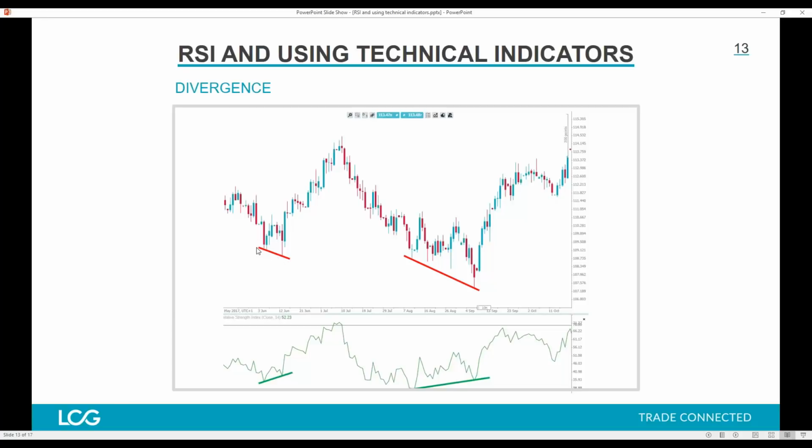If price is making a lower low, as you would expect in a downtrend, maybe the downtrend started up here and we're trending lower, but then the RSI makes a higher high and breaks above its old swing high, matched with perhaps a bullish looking candlestick pattern, then you can see that the momentum has shifted in the market. The momentum turned first, represented by the RSI, and price duly followed suit.